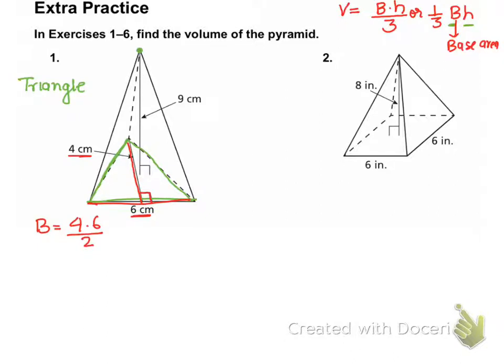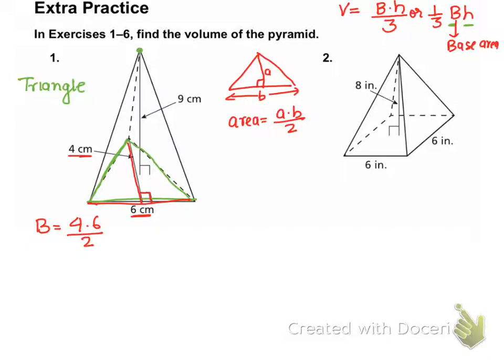That's the area of a triangle. If this is your triangle, this is A, and this whole bottom length is B. So in that case, your area of triangle will be A times B over 2. So don't get confused.